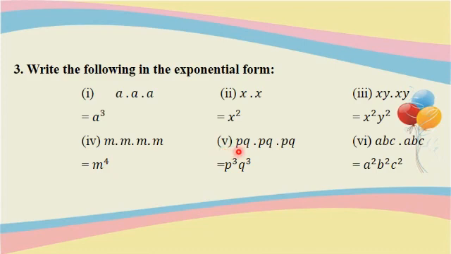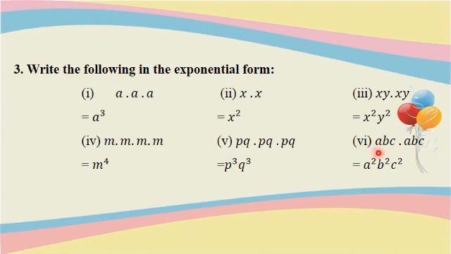Number 5, pq into pq into pq. 3 terms and having two different variables p and q. So in this question, add the exponent of p, 1 plus 1 plus 1, it becomes p cube, and the exponent of q, 1 plus 1 plus 1, it also becomes q cube. So the final answer is p cube into q cube.